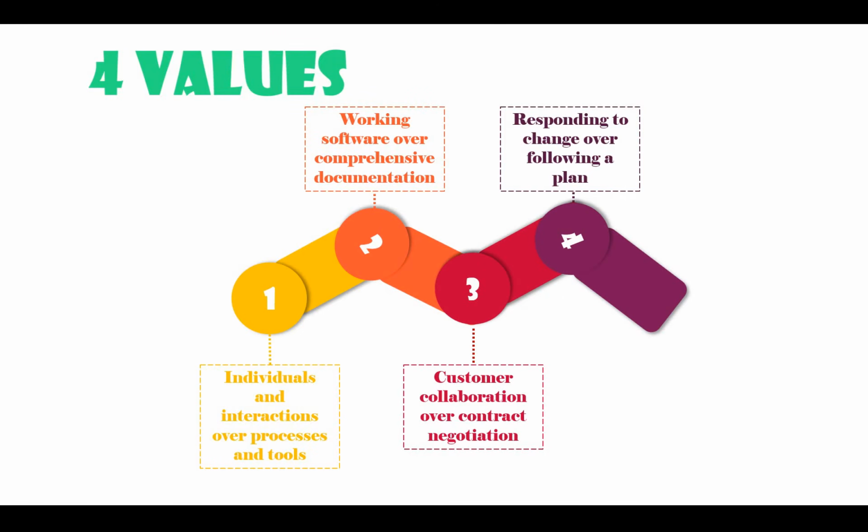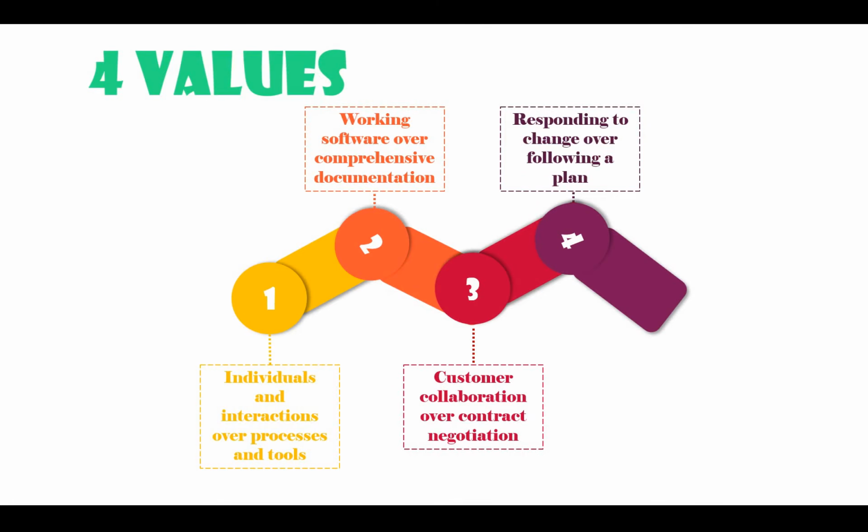And the fourth one is responding to change over following a plan. As I mentioned, one of the key factors of Agile is adapting to change, right? At any point there may be change requests coming from your customer or product. So Agile is always ready to take those changes, but not in the planned sprint. If there are new changes, they will be added into the product backlog, and we take them to a new sprint.